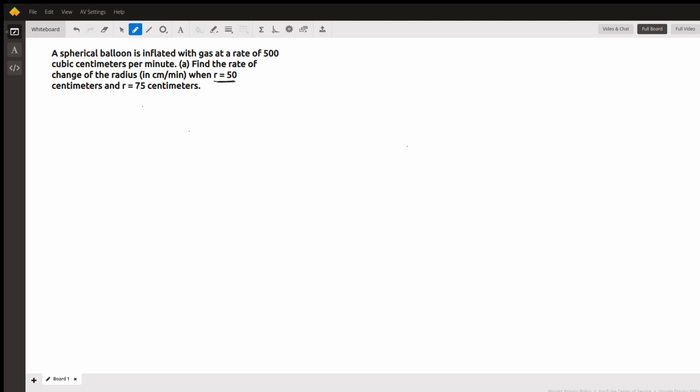Okay, so this is a related rates problem. We want to think about some kind of relationship. In this problem, there's a formula for the volume of a sphere. The volume V is equal to 4/3 pi r cubed.